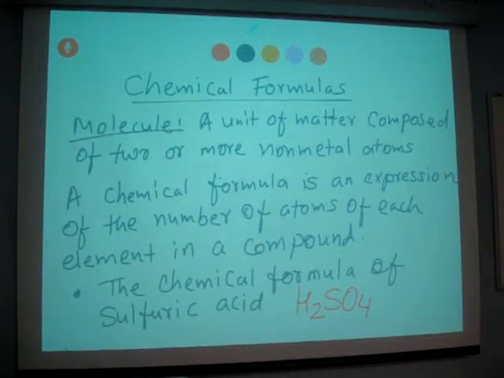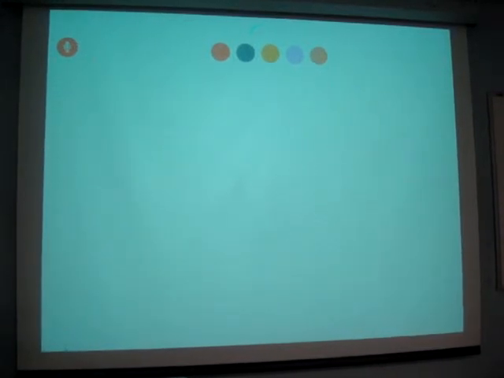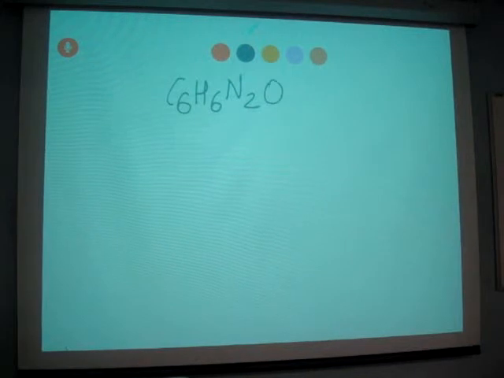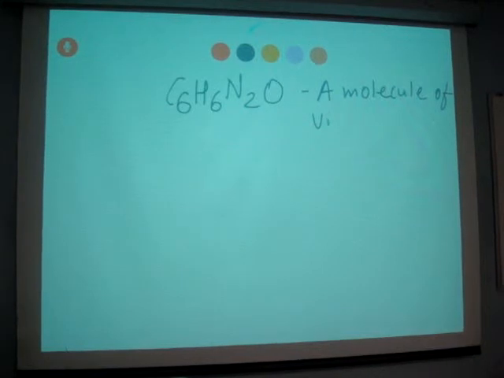And how do we interpret? For example, now let's see if we have C6H6N2O. This is a molecule of vitamin B3.